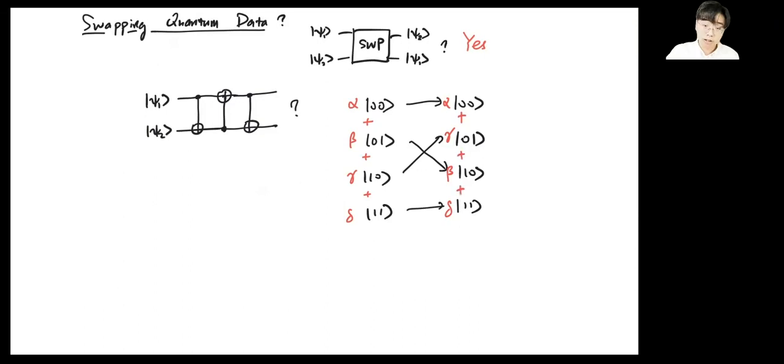And try to verify it yourself: if you have some product state, psi 1 and psi 2, this is exactly what we wanted, namely psi 2 tensor psi 1 as output.